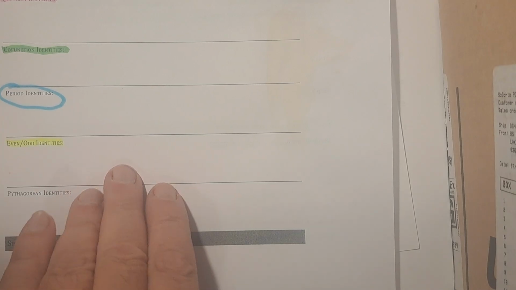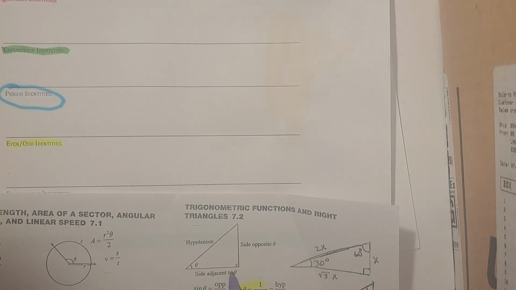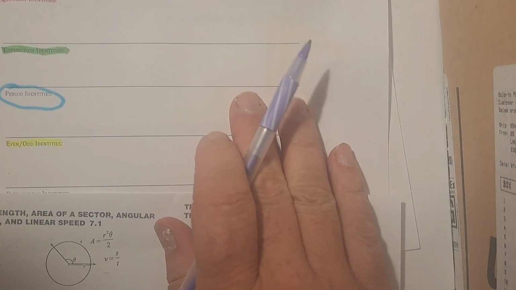And then there's the Pythagorean identities, which we did not identify as such, but all the information that we need is on the reference sheet already. That uses this information.